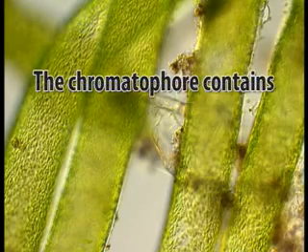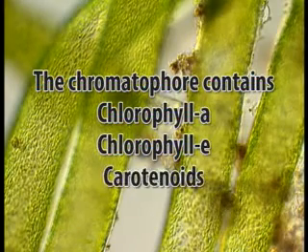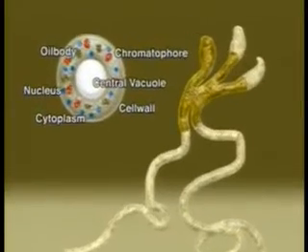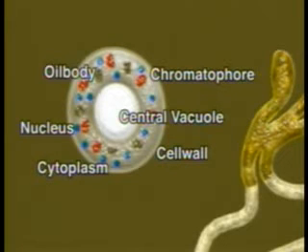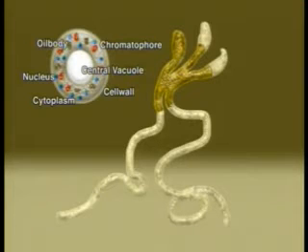The chromatophore contains chlorophyll A, chlorophyll E, and carotenoids. It lacks chlorophyll B. Pyrenoids are almost absent. The reserve food is oil or fat and gets stored within the cytoplasm in the form of countless droplets.